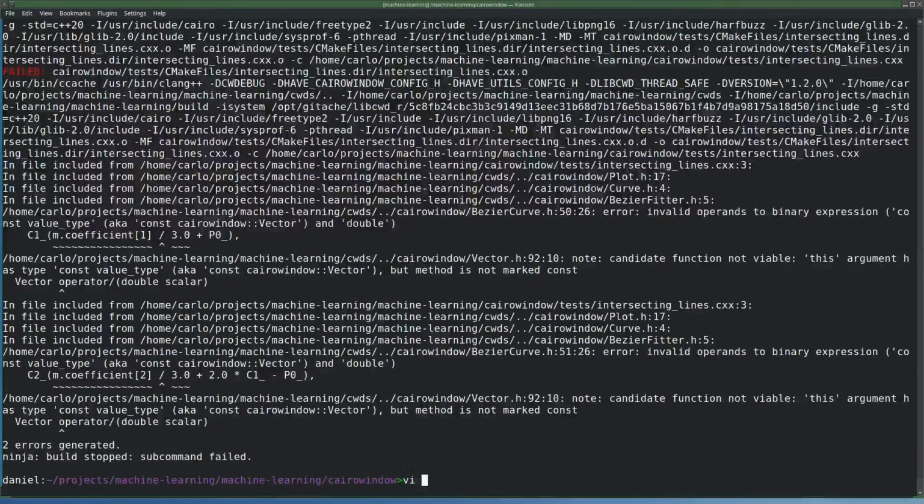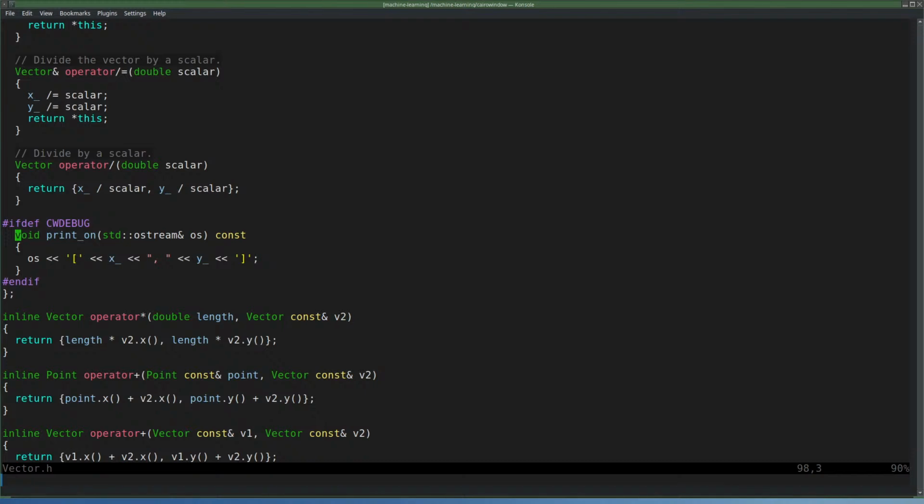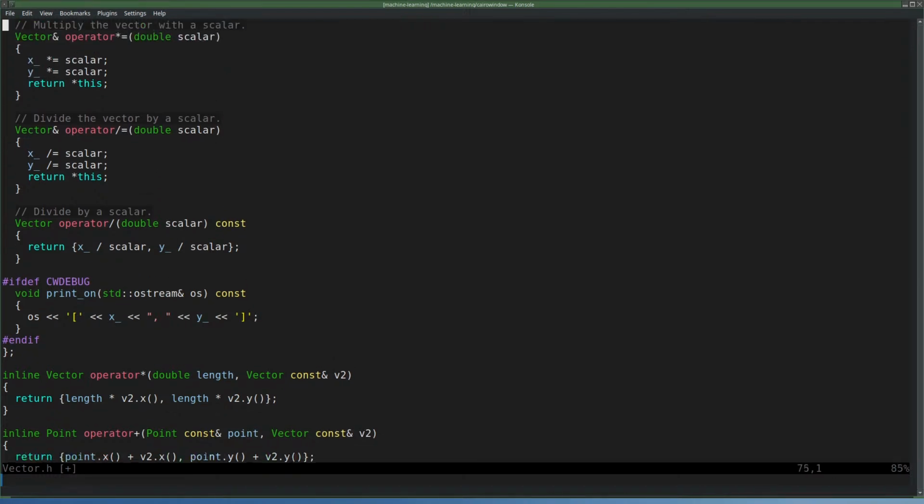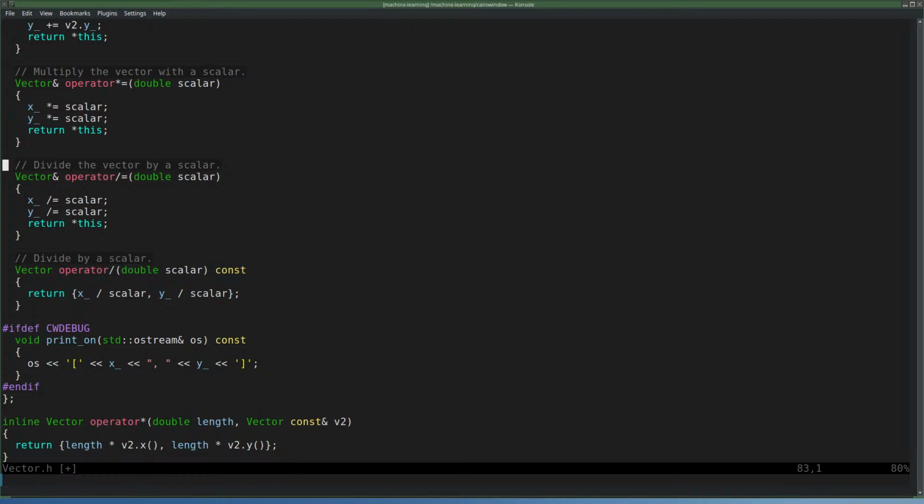What? Invalid operands of binary expression? Well, I made a mistake with the const. I did not make a mistake with the const. Well, actually I did. But still.